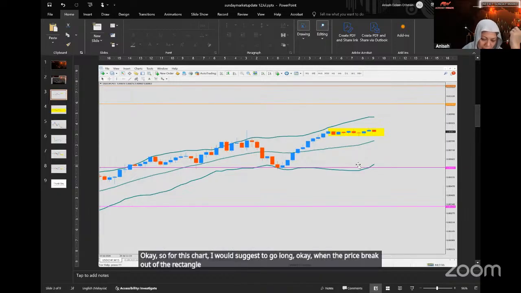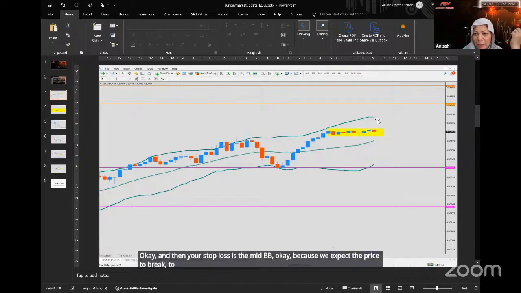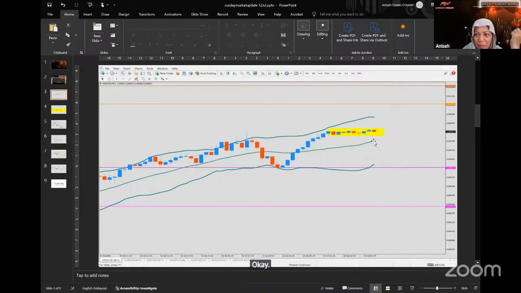So that is 0.80887, and then your stop loss is the mid BB, because we expect the price to break out above the rectangle. The stop loss is the mid BB or the SMA line. TP1 is the first orange line, which is 0.81063.